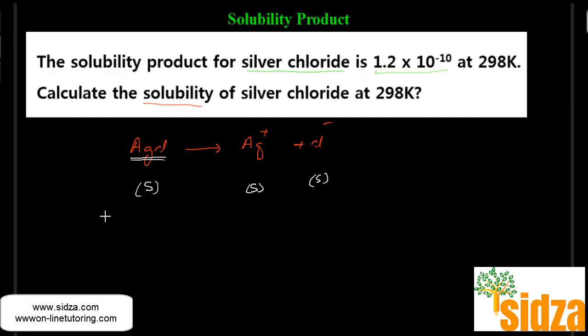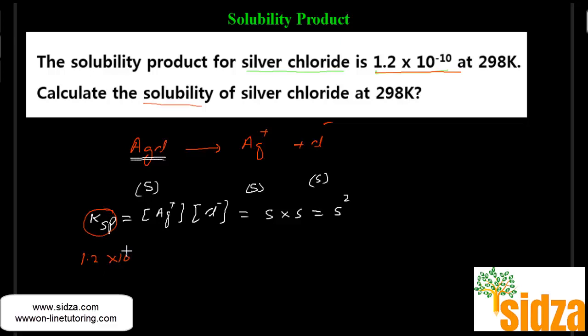And we know the solubility product for this compound will be the concentration of the silver ion times the concentration of the chloride ion, so you can write S into S, which is S square. The solubility product is given here as 1.2 into 10 power negative 10, which will be S square.